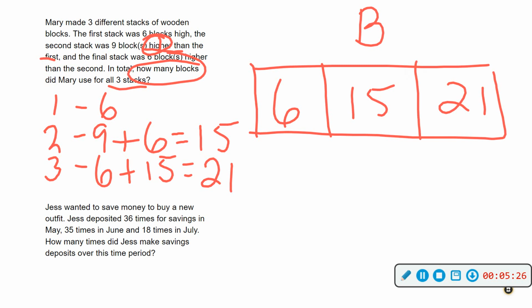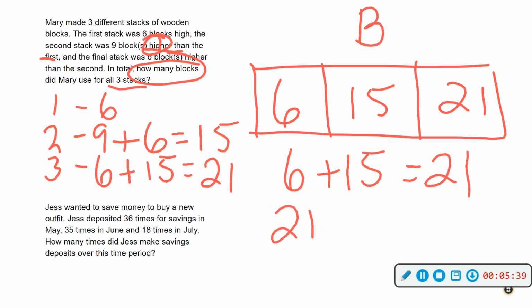Therefore, my strip diagram would look like this. The equations I would need to solve for is 6 plus 15, which is equal to 21. I would carry that over and continue adding the rest of the problem, which is 42, and in this case, that would be B.